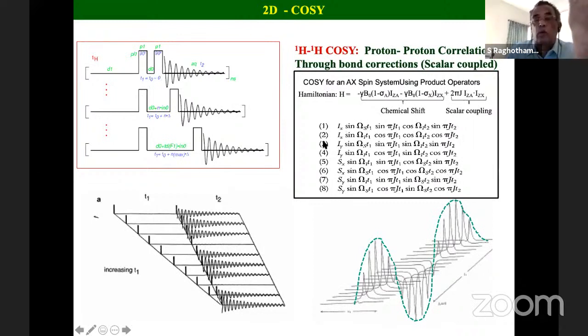And if you use these trigonometric functions, they are simplified by what is called the product operator formalism, but let us not go into those details. Essentially, during t1, it evolves under the chemical shift and also the scalar couplings. All those things are represented in these equations. And if you understand that, it becomes much simpler to generate these 2D or 3D spectra. So we are not going into those details.